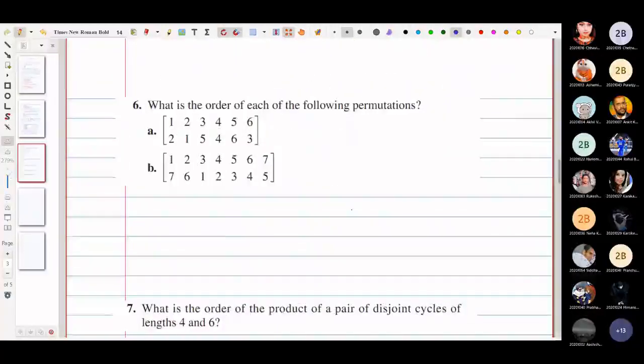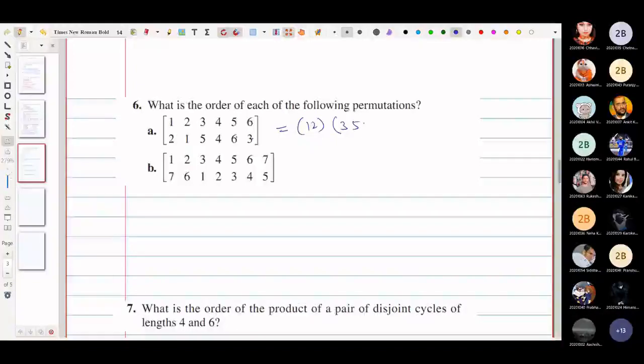Let us see the next question. Question number 6. What is the order of each permutation? They have given it in a different form. So what you need to do is first write or decompose them as disjoint cycles. 1 goes to 2, 2 goes to 1. So 1 2 is the first one, and then 3 goes to 5, 5 goes to 6, 6 goes to 3.